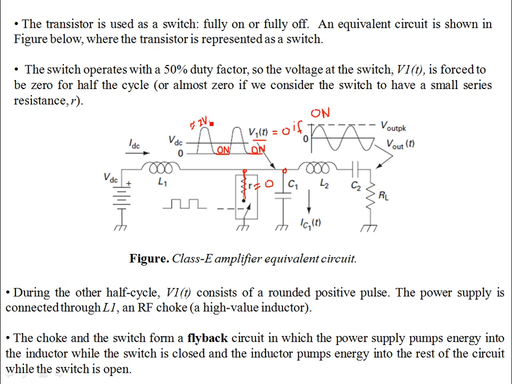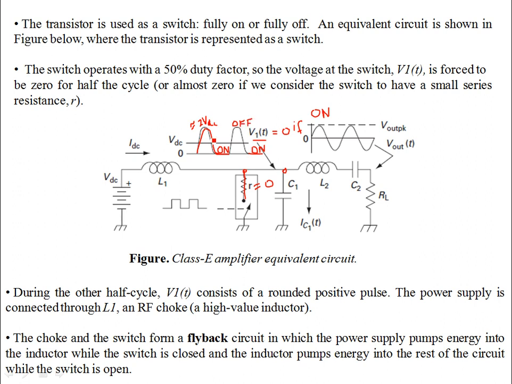When the switch is open, we have the pulses in between, on the other half of the cycle. So when it is on, the capacitor shorts out. When it is off, we have the amplitude of pulses about 2 VDC.